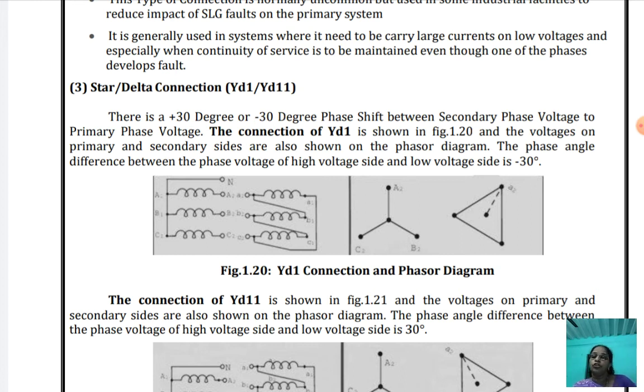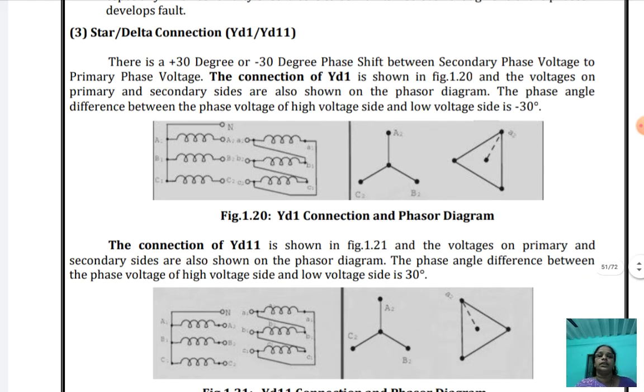So the 11 o'clock position is what? That is the 30-degree lead position. So in this diagram you can see minus 30 degree and then plus 30 degree. The figure 1.2 is the minus 30 degree phase shift, that is the 30 degree lag only.